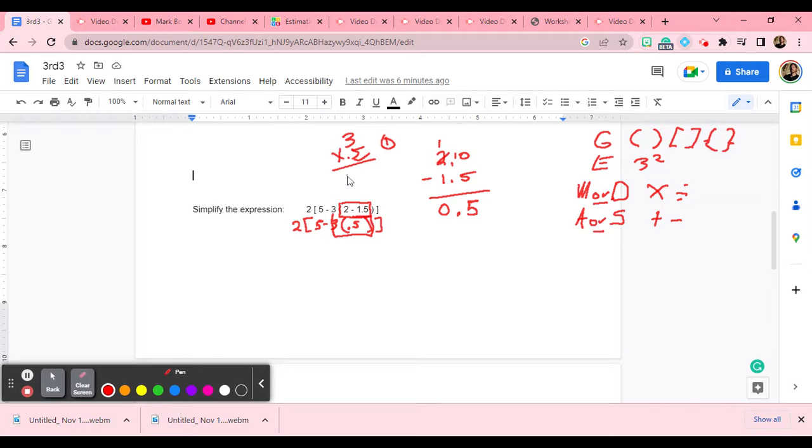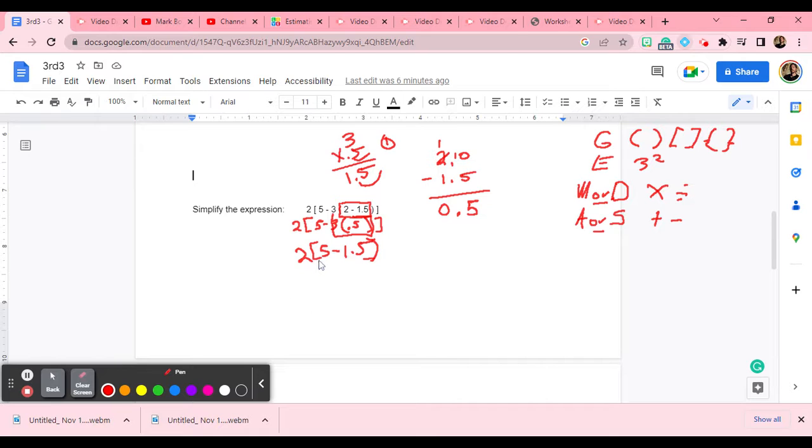Then 3 times 5, just like normal, is 15, but I need to hop over 1 time. So instead of 15, I have 1 and 5/10. Now I'm going to put that 1 and 5/10 here, and write 5 minus 1 and 5/10. Actually, this could just be in brackets now.